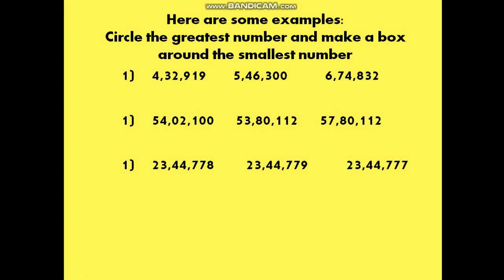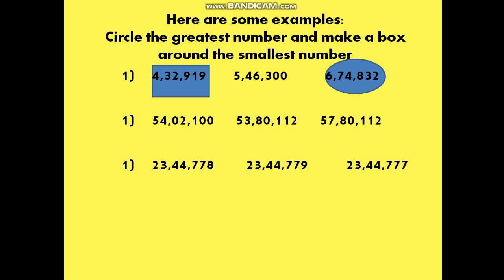The number of digits is the same. So let us compare the first digit from the left. 4 lakh, 5 lakh, 6 lakh. So 6 lakh is the greatest. 6,74,832 is the greatest number, and 4,32,919 is the smallest number.